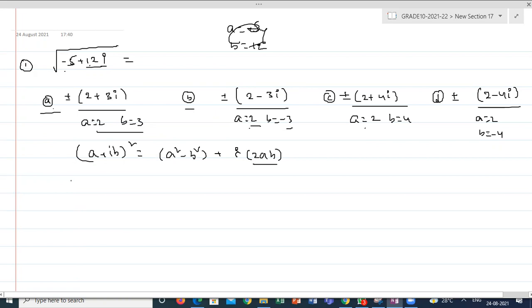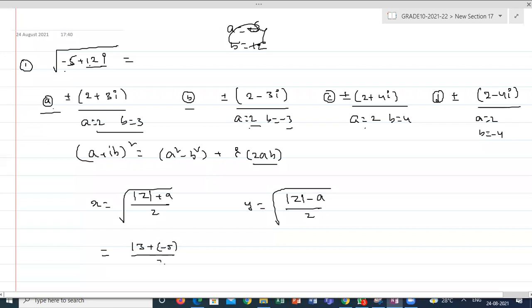If it is not an MCQ, how to do it, guys? We know x is equal to the root of modulus of z plus a by 2, y is equal to the root of modulus of z minus a by 2. So what is the modulus of 5 square plus 2 square? 13. 13 plus 5 by 2 under the root, y is equal to 13 minus 5 by 2 under the root.